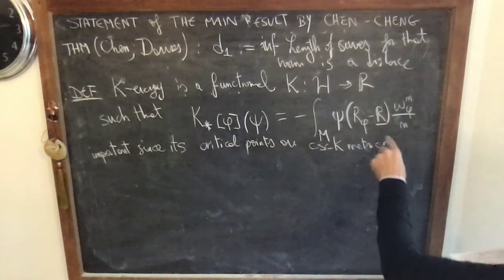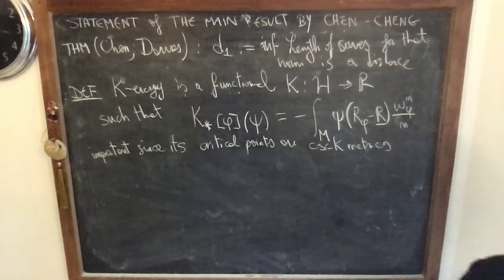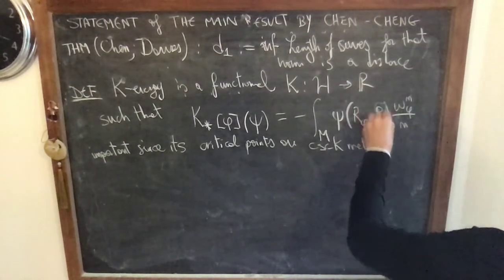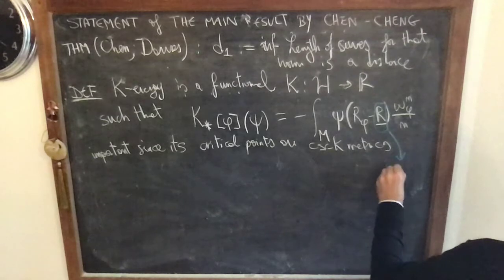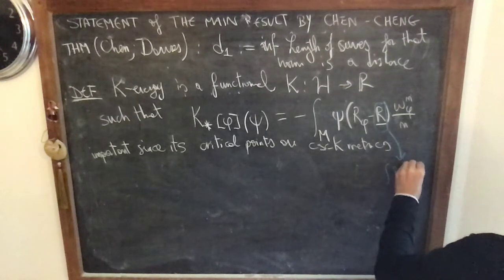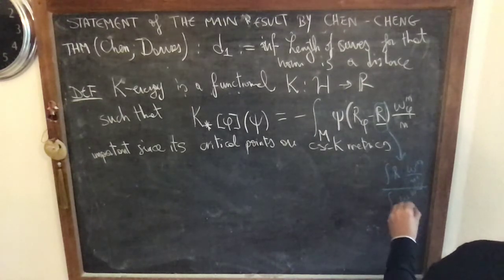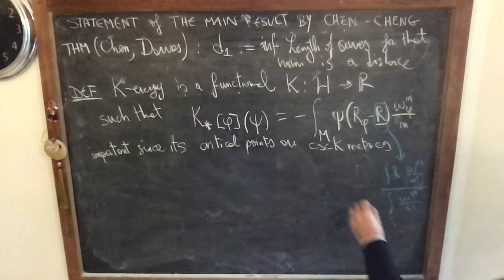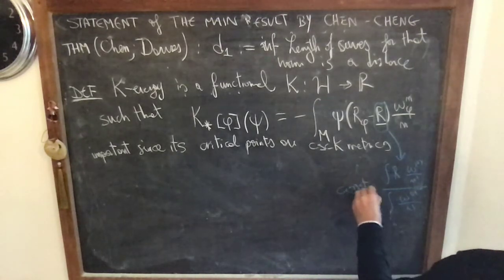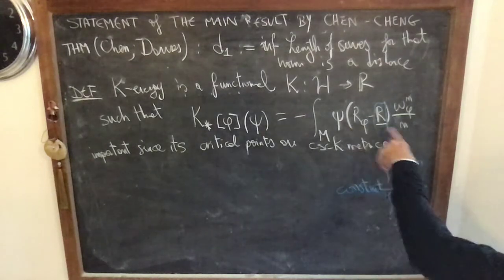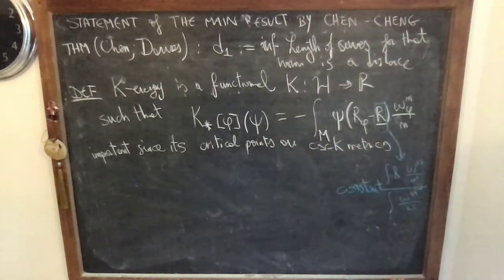This R underlined is the constant we computed before, so this is the integral of R omega^n over n factorial, over the integral of omega^n over n factorial. Constant. And we see from this very definition that the critical points of such a functional are precisely cscK metrics.